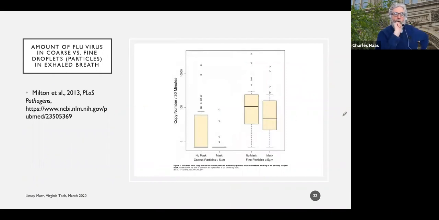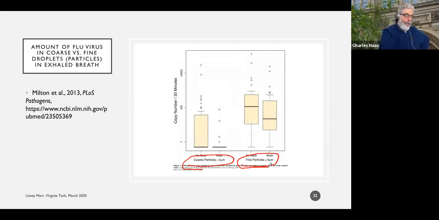Milton reported a study in volunteers who had the flu, and the exhalation of particles, both coarse particles greater than 5 micron and fine particles less than 5 micron, as a function of wearing a mask or not wearing a mask.